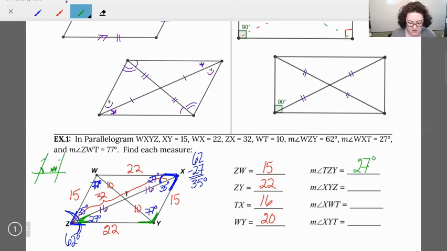If I have two parallel lines, how would those two angles need to interact? Well, because they are same side or consecutive interior angles, I know they have to add to 180. So to figure out angle Y or angle XYZ, I need to do 180 minus the 62, the same side interior angle. And that leaves me with 118.